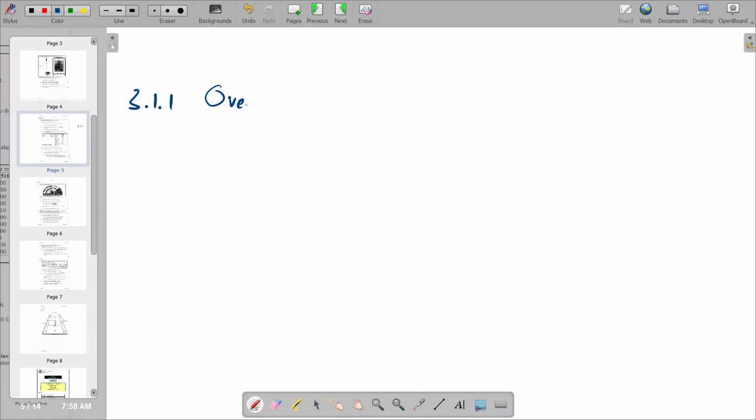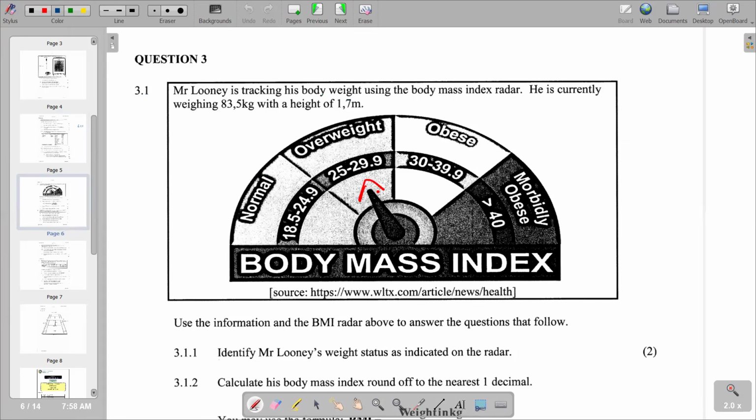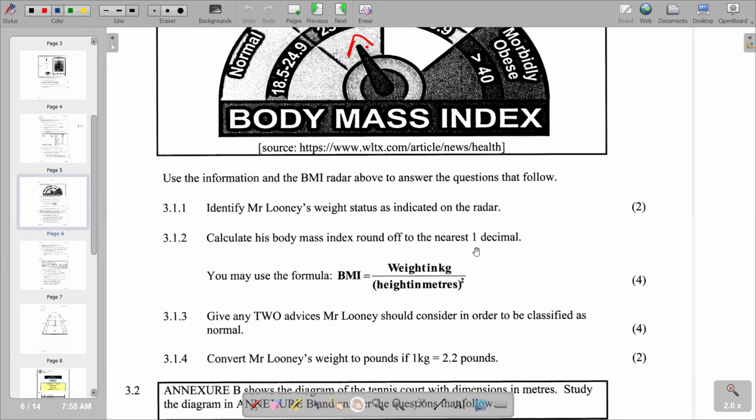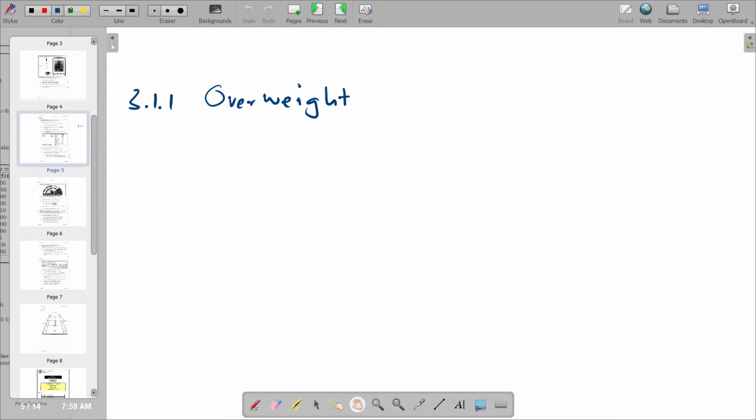So we have 3.1.1, and now the second question is: calculate his body mass index, rounded off to the nearest one decimal. You may use the formula BMI equals weight in kg over height in meters squared. So we are going to calculate as such, 3.1.2, whereby we are saying BMI equals weight in kgs.